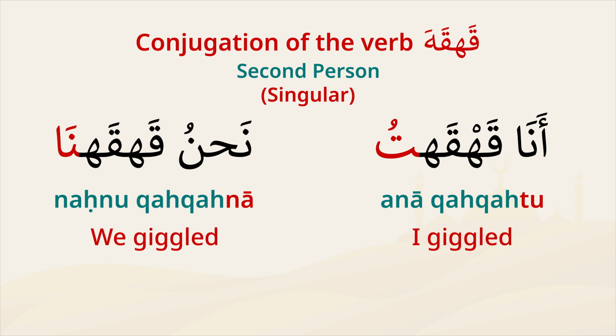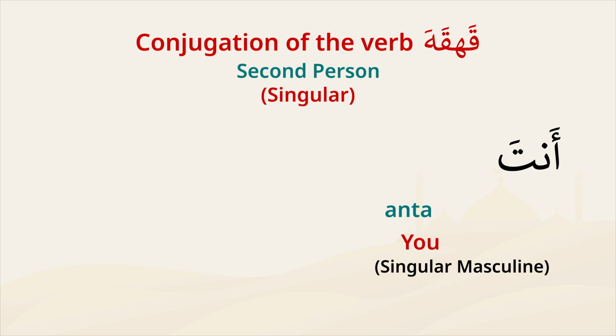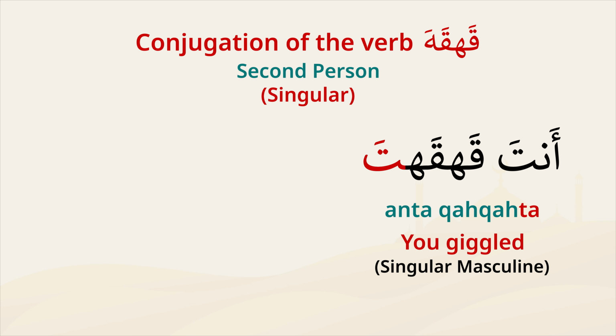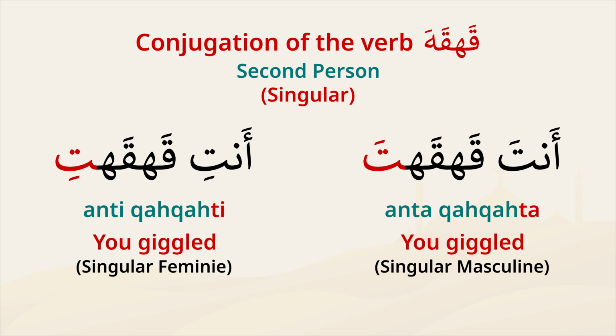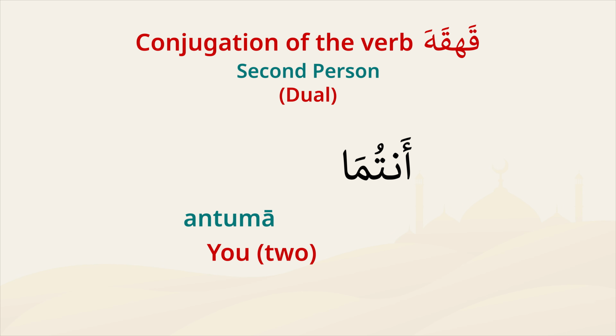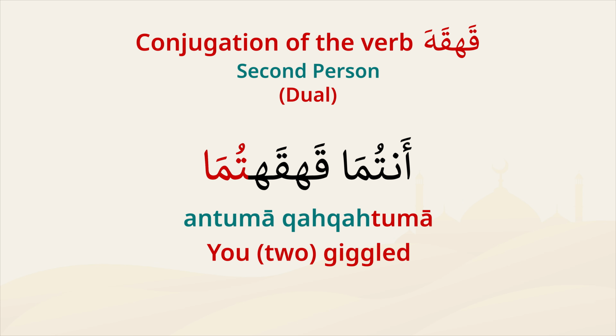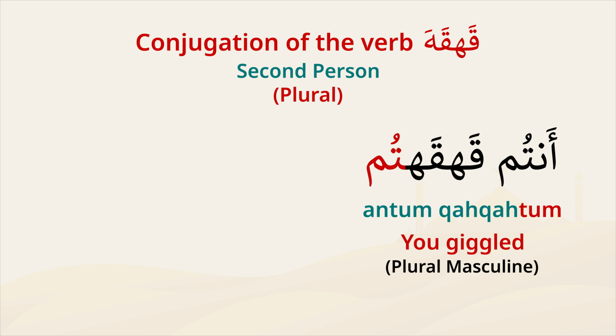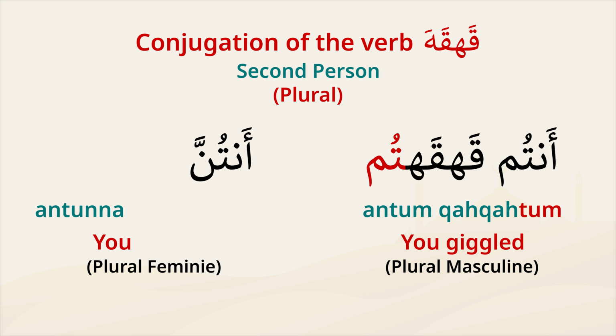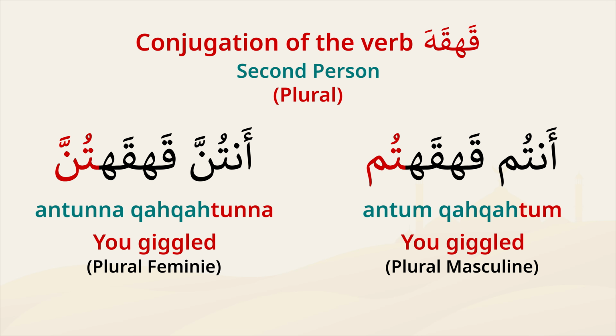For second person, أنت قهقهتَ, أنت قهقهتِ, أنتما قهقهتما, أنتم قهقهتم, and أنتن قهقهتن.